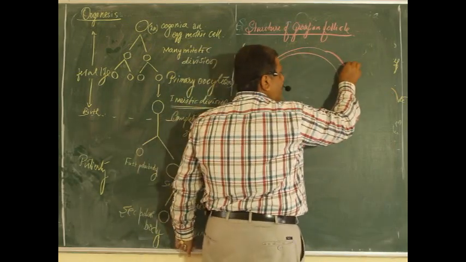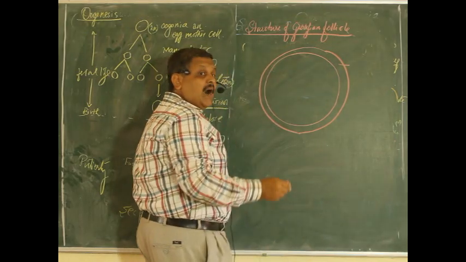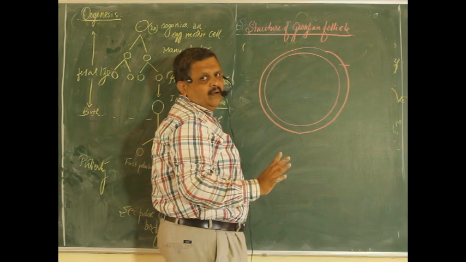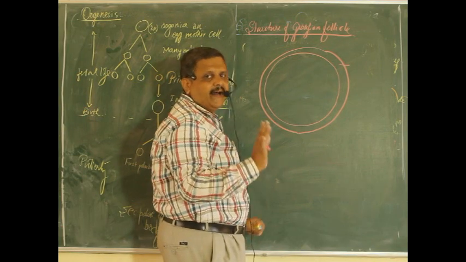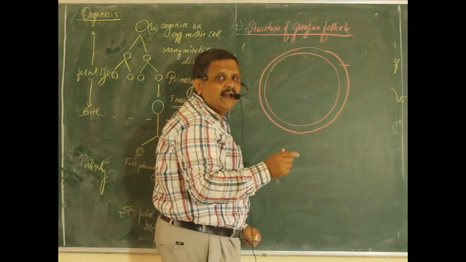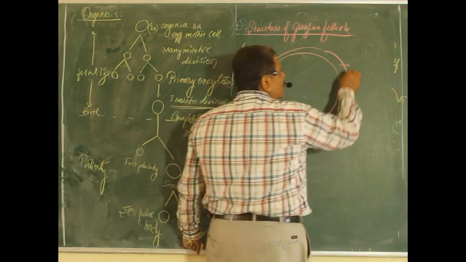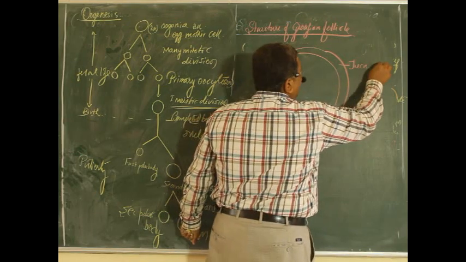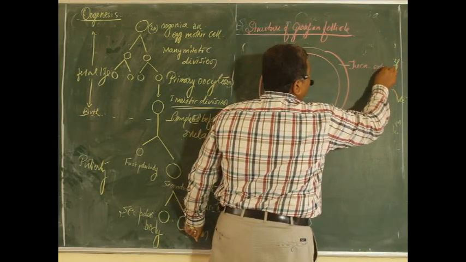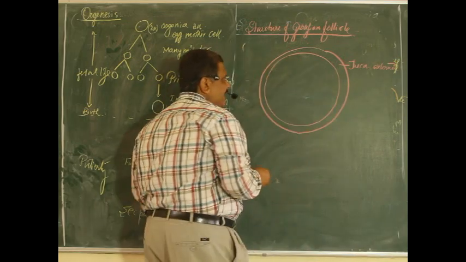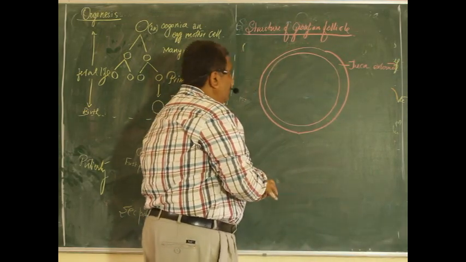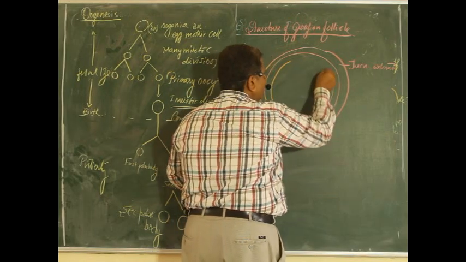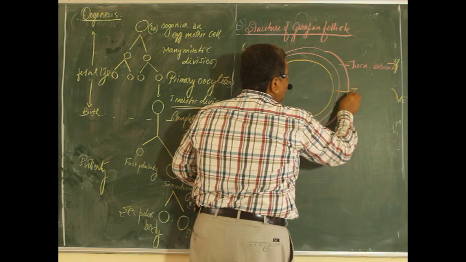Theca means layer. Derm means layer. Blemma means layer. Lamella means layer. These are all the terms in biology we use. So, theca externa, the outer layer. And the next layer is theca interna.